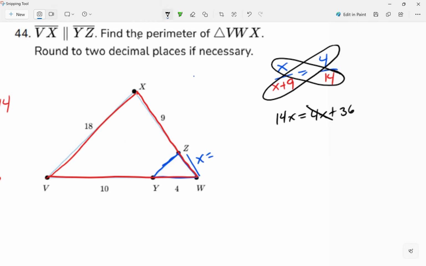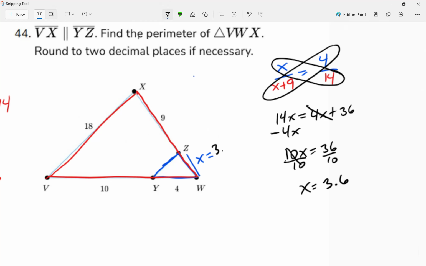My 4X, let me move it over. I know 14 minus 4 is 10. So I have that 10x is equal to 36. Let me divide both sides by 10. Now 36 divided by 10, it is a decimal. It is not a long decimal. It is just 3.6. Even though I don't like dealing with decimals that much, 3.6 is not bad. So I'm just going to call it 3.6.